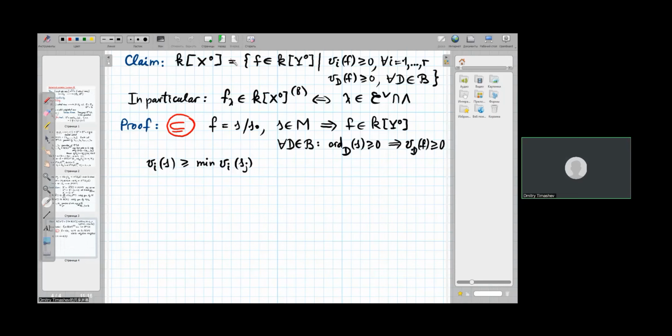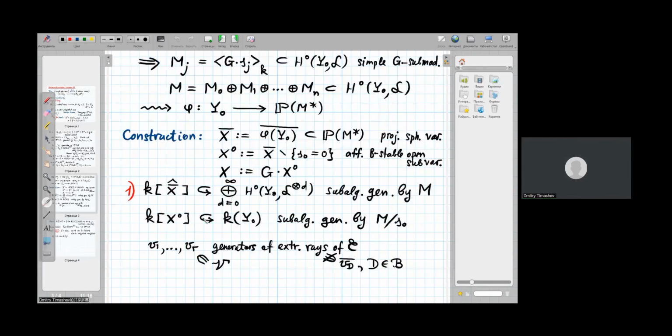There was an extension lemma. So we have evaluation. Let me just say the bigger field is generated by quotients of sections, right? We have evaluation on this field.